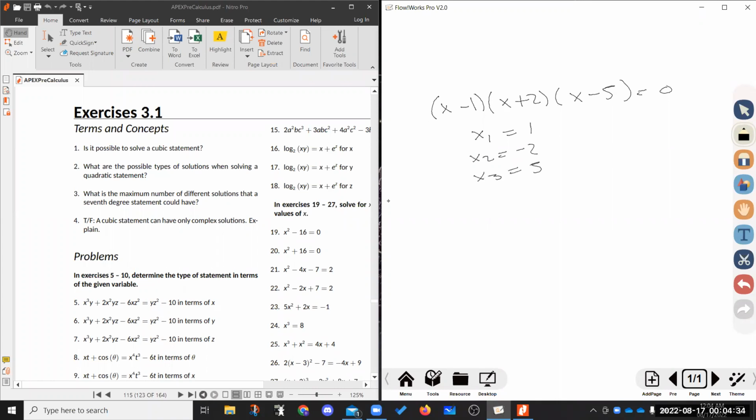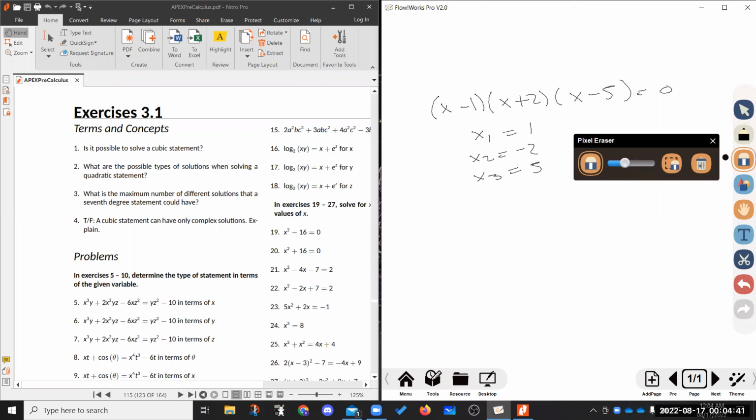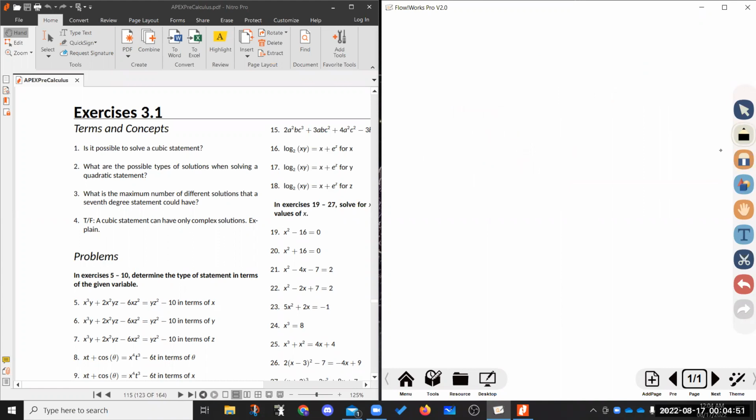That would have given me a cubic equation or cubic statement. So it's not true that there's only imaginaries. But if we're going to work through the process, like the quadratic equation, to get to these answers from a generic statement, we're going to need knowledge of complex numbers to work through the arithmetic there.